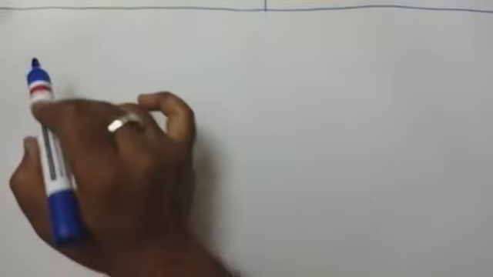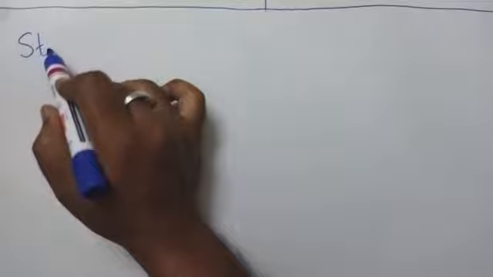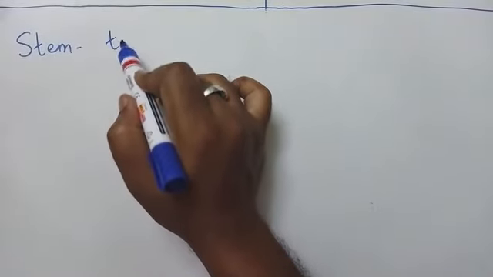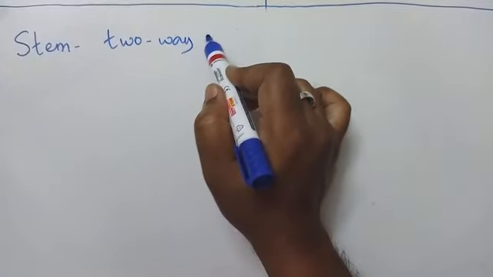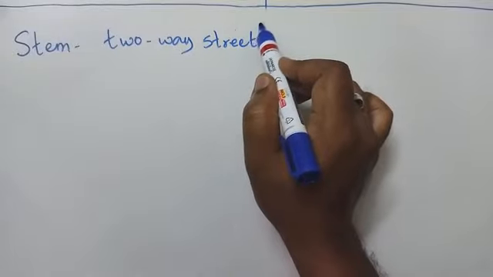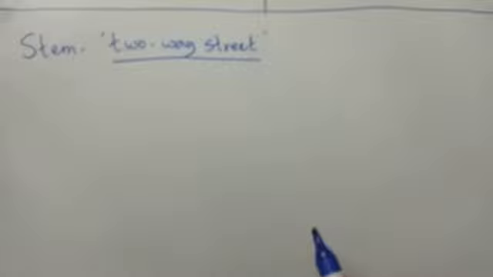Stem is called a two-way street in the plant. Why is stem called a two-way street?